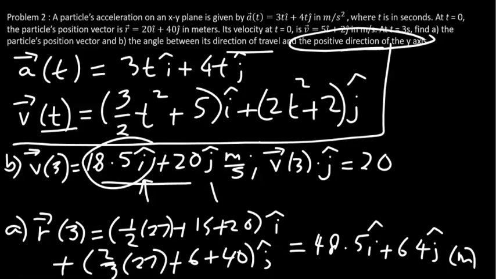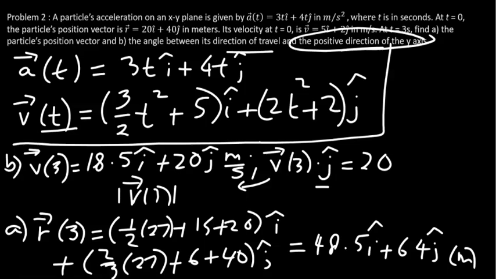J hat dotted into j hat is 1, so we'll give you 20. However, from the definition of dot product, we also know that the left-hand side is the magnitude of the velocity vector at 3 seconds. The magnitude of j hat is 1 times the cosine of the angle between them, which is what we want to find, and that equals 20. That's that 20 right there.